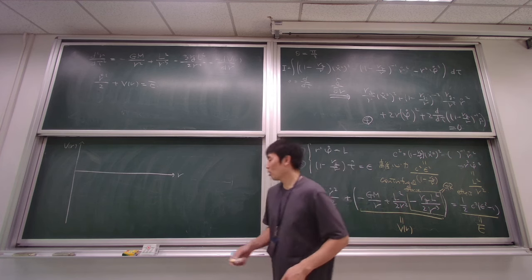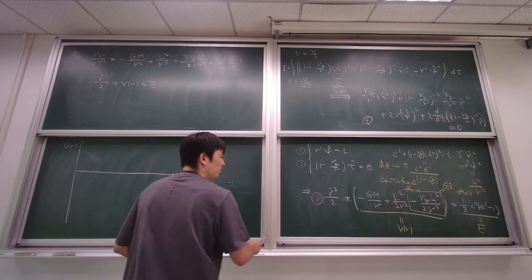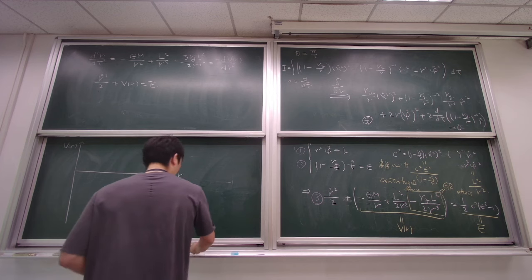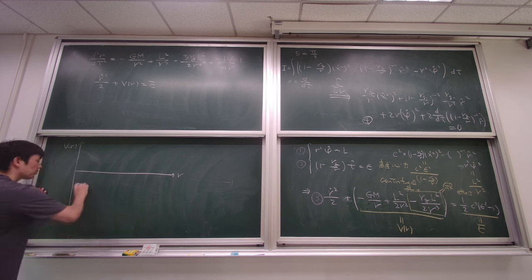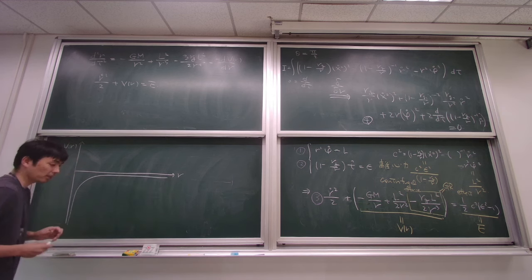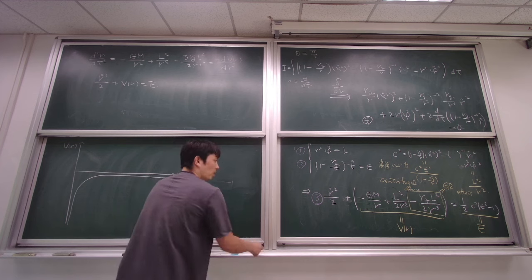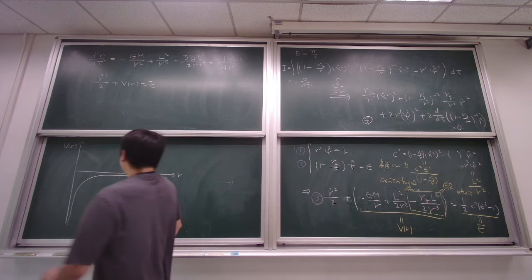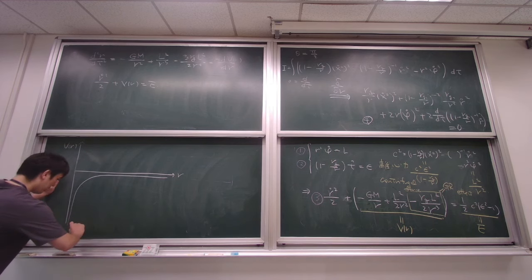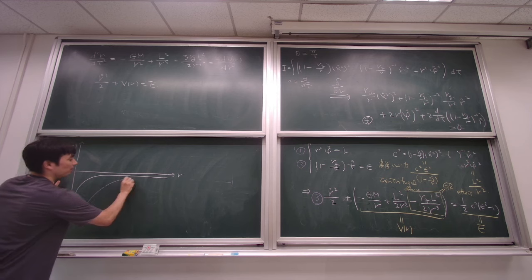And then later this term will start making a contribution. So essentially, if you look at the sign, 1 over R squared is something like this way, most likely. And so this is a negative sign, as you can easily see. And then 1 over R is roughly like this way, maybe.